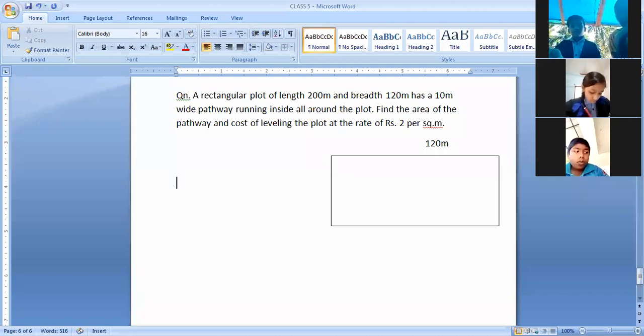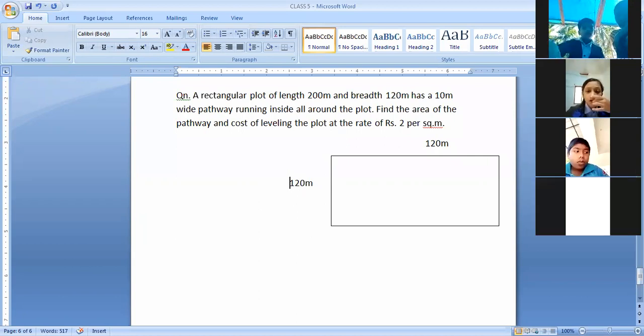There is a pathway which is 10 meter wide. Then tell me, is it running lengthwise or breadthwise or all around or is it a crossroad? All around.